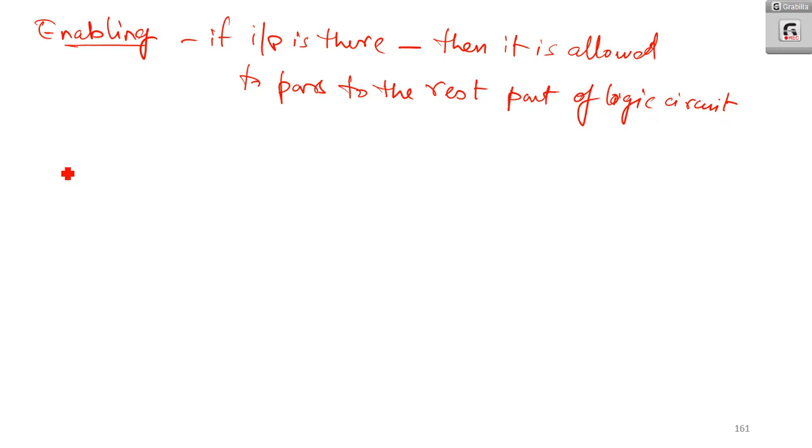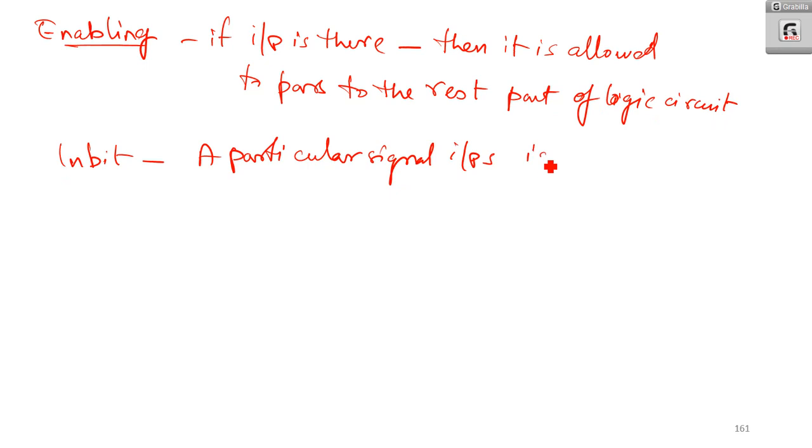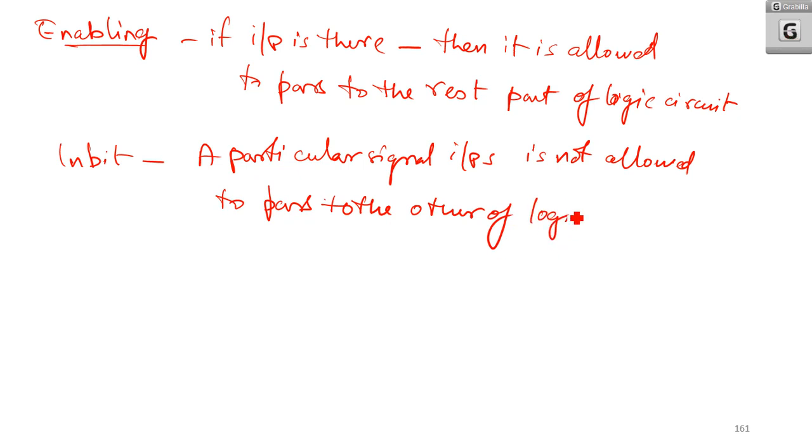Whereas what is meant by inhibit? Inhibit means a particular signal or input is not allowed to pass to the other part of the logic circuit.